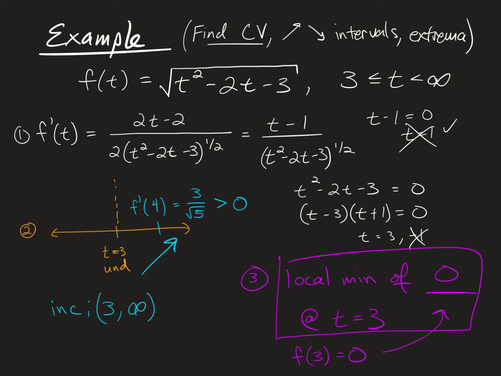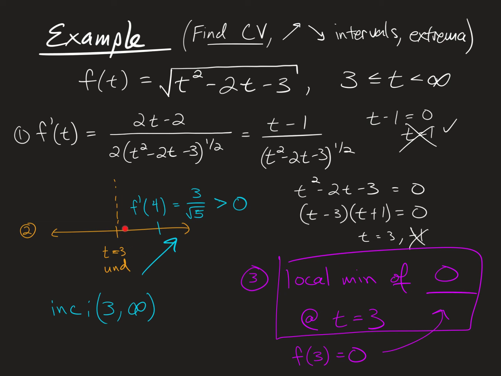Now there is something that I can state here for certain. Seeing as how we start at 3 and move forever to the right, this graph, or rather this function, since there are no decreasing values, I am 100% positive in saying that this would be an absolute minimum of 0.